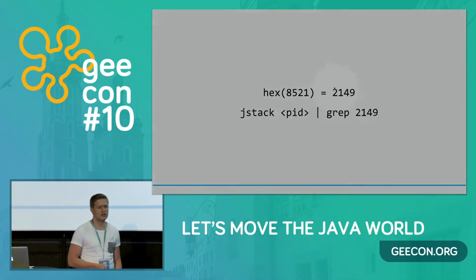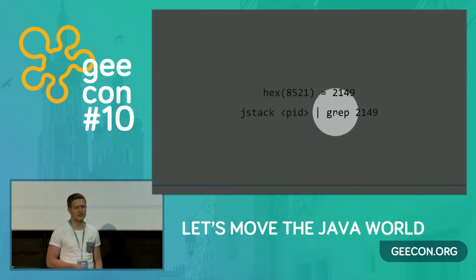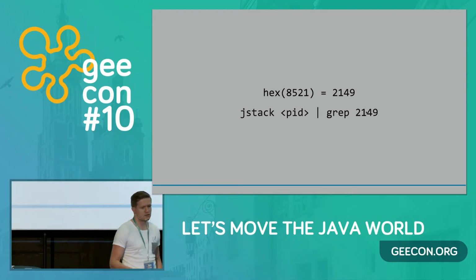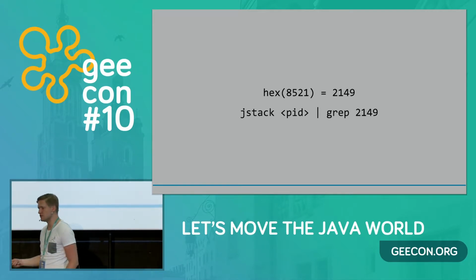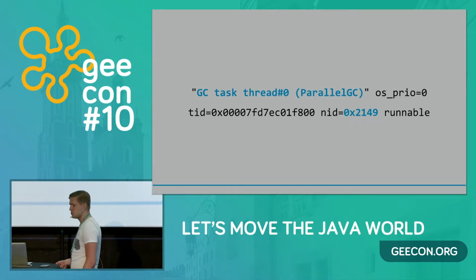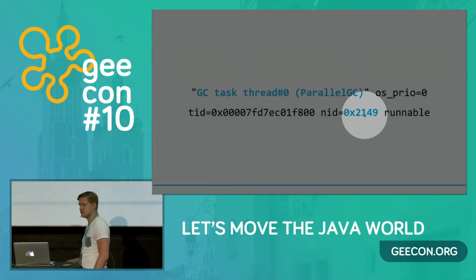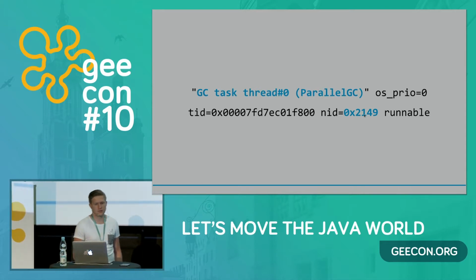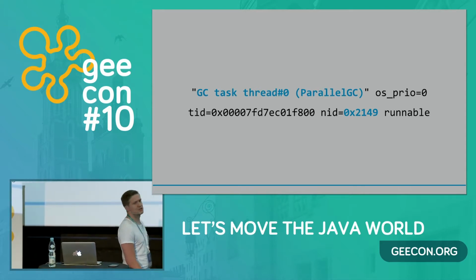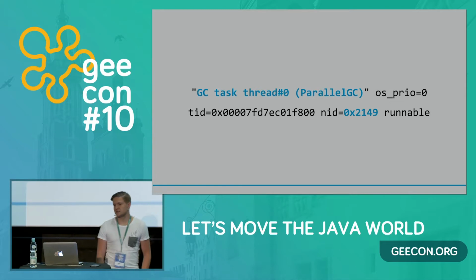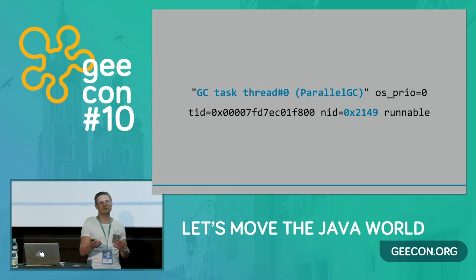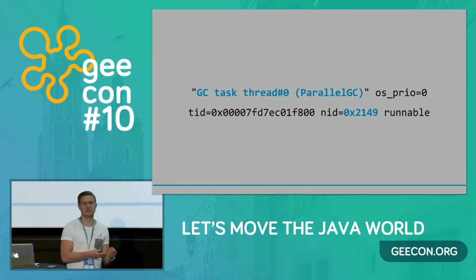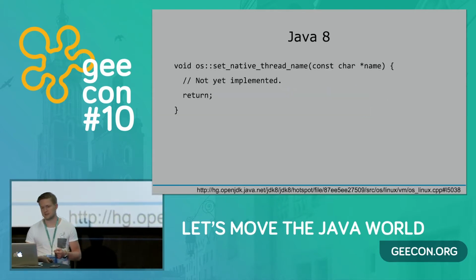Then all I have to do is get a JStack and grep it with this number. In this case, what I saw was that the thread with this thread ID 2139 in hex is a GC thread, from parallel GC. Well, this happens a lot. So it's really easy to use the system tools to match the JVM threads.